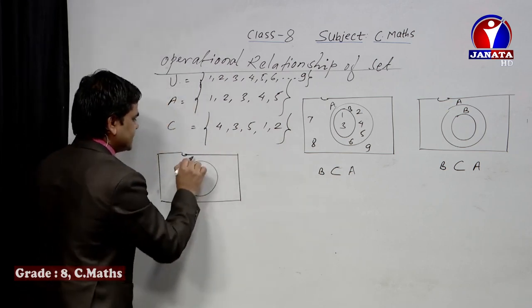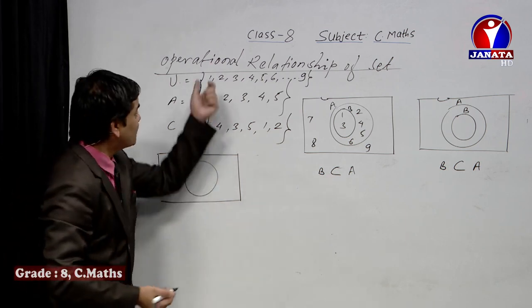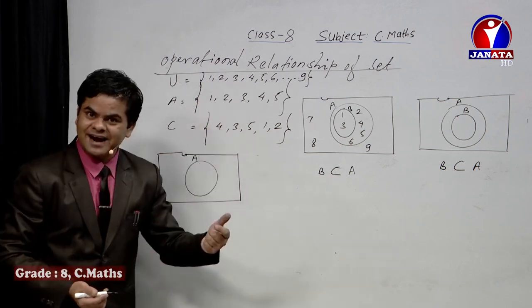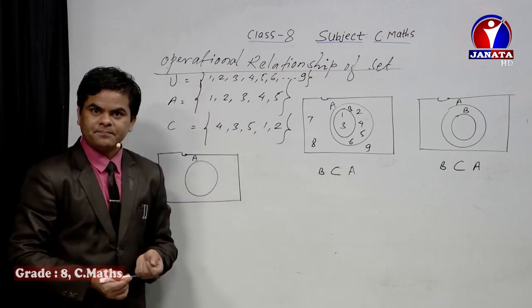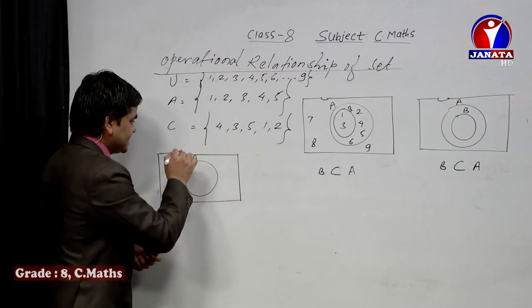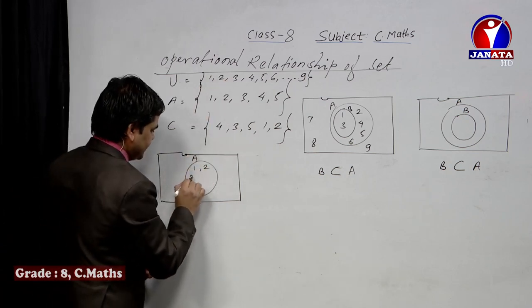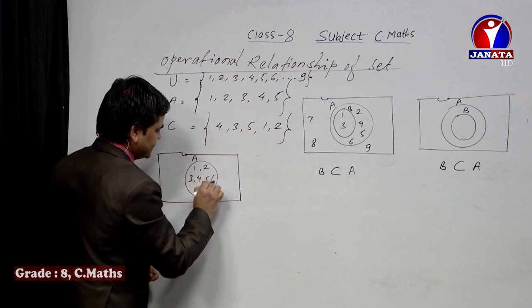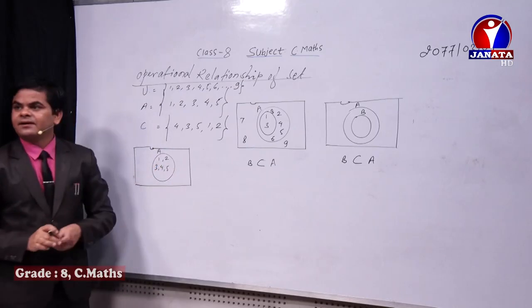Let's prepare the A set, A subset. It is automatically a subset of the universal set because all the elements of A are extracted from the universal set. So set A, let's keep the elements 1, 2, 3, 4, 5, up to 5, isn't it?